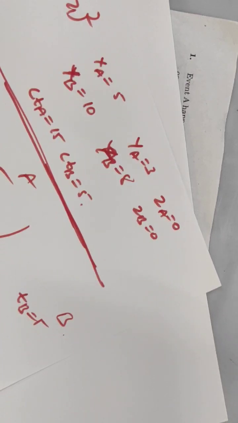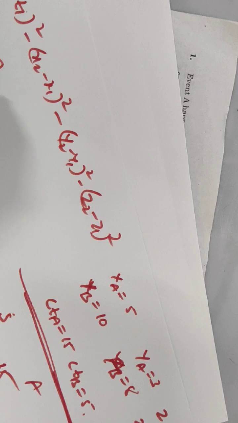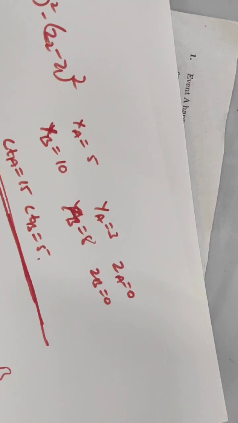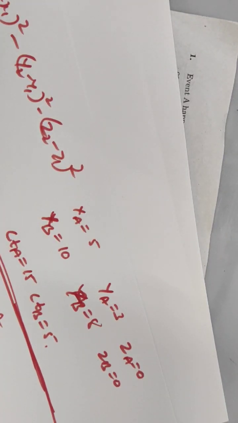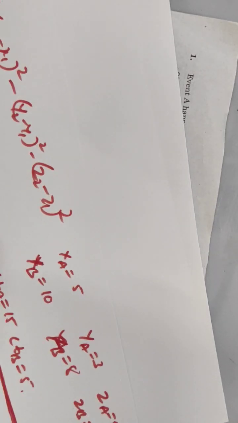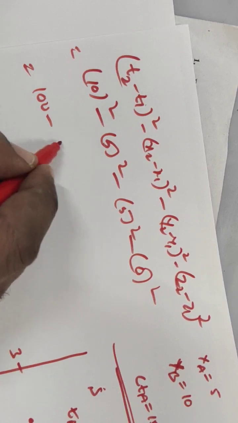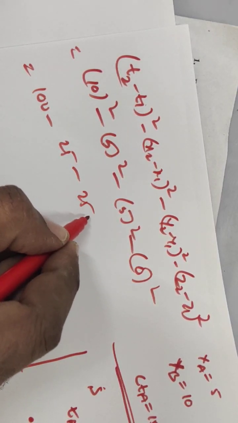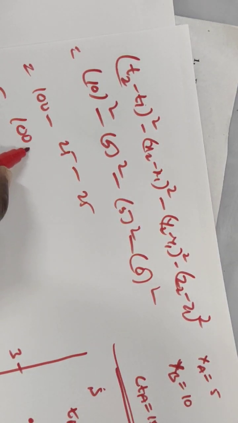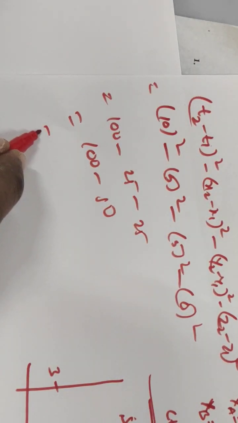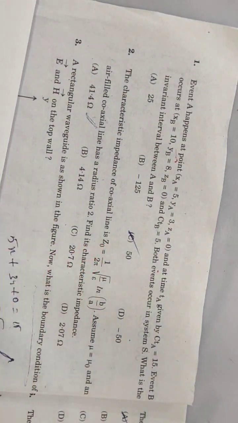Minus x2 minus x1, which is 10 minus 5, that is 5 square. Minus y2 minus y1, which is 8 minus 3, again 5 square. Minus z2 minus z1, which is 0 square. So this is equal to 100 minus 25 minus 25, which is 100 minus 50. So 50 is the correct answer, and option C is correct.